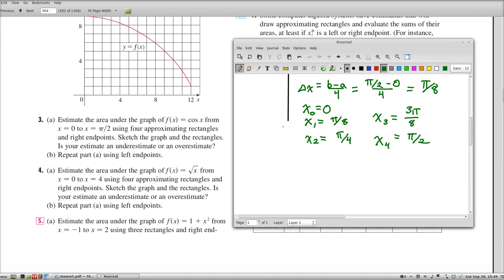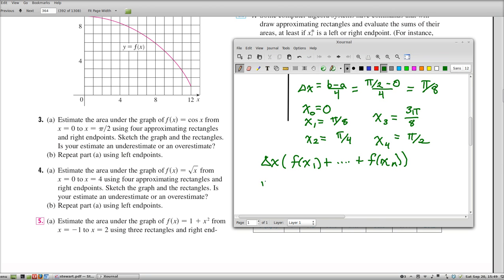So it's going to be, the general form is that it's delta x times f of, since this is the right-hand rule, you start at 1. If it were the left-hand rule, you would start at 0. So this is the general formula.